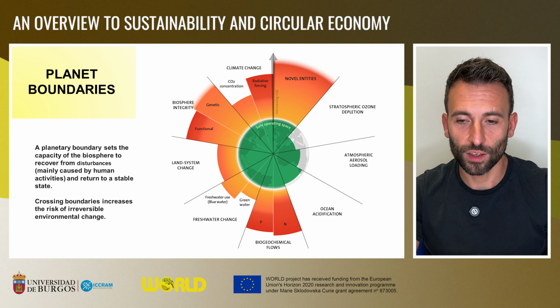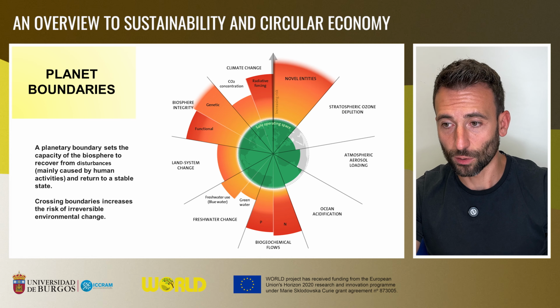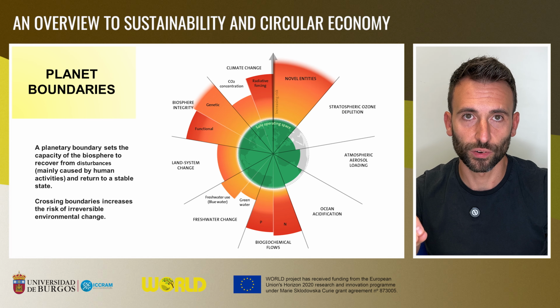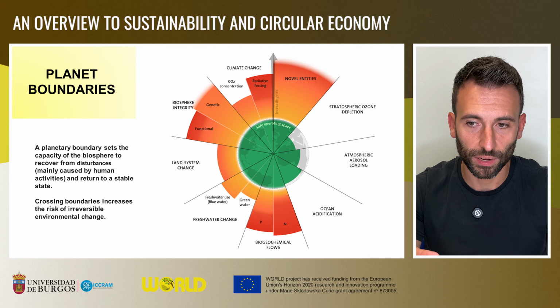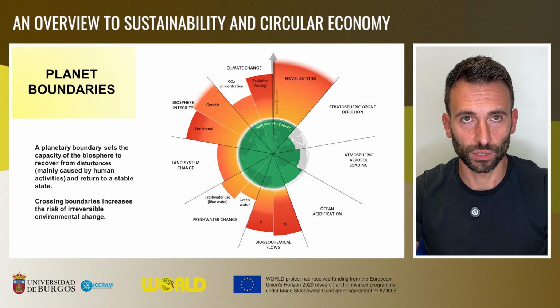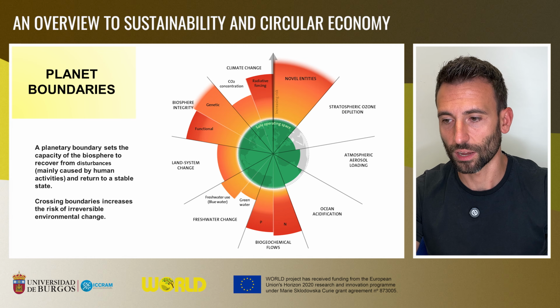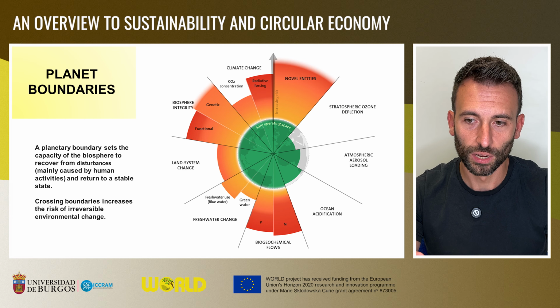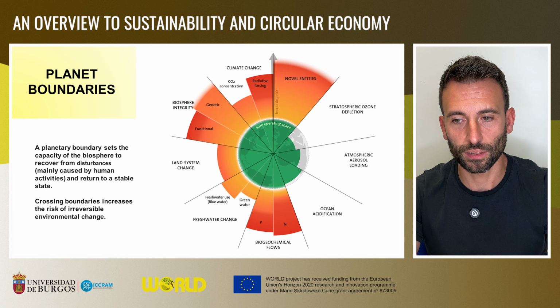In this case, we have 9 boundaries that are calculated considering different impacts on the biosphere, which are, for example, climate change based on the CO2 concentration, the acidification of the oceans, or the land system change.